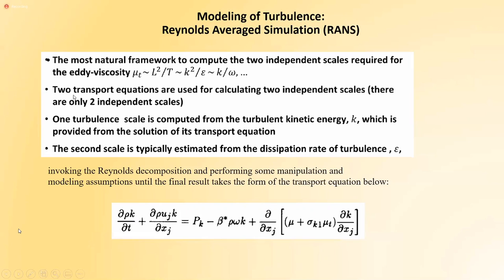Transport equations means you have an advective term, a convective term, a production term, a dissipation term, two PDEs for each of those dimensions you choose, and you can choose whatever you want. One turbulent scale, usually they choose the kinetic energy, which is provided from the solution of the transport equation. The second scale, it really doesn't matter.